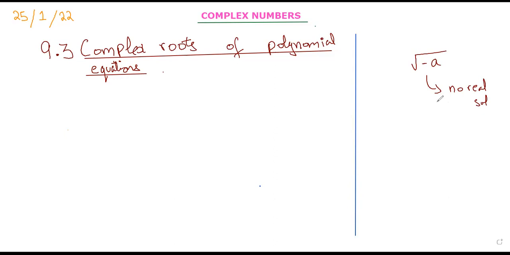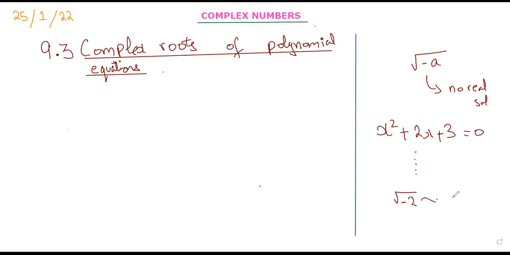So whenever we are solving a quadratic equation, let's say we have x square plus 2x plus 3 equals 0, for example. We solve it whatever way we do, and if you get under root minus something, let's say you get under root minus 2, I'm just giving you an example, obviously you will not get this.